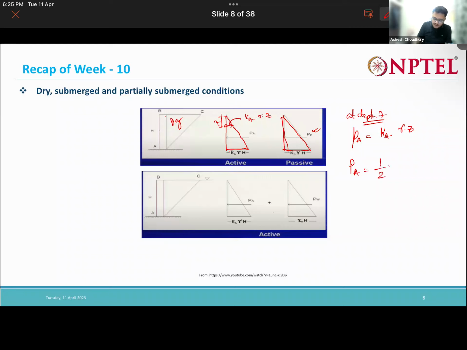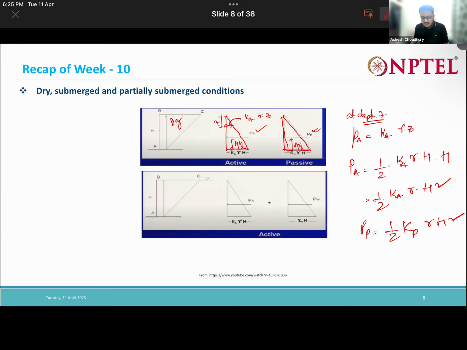So half into Ka into gamma into H, half into base into height, where height is H. So half Ka gamma H square. This will be the total PA, and for PP, Ka will be replaced by Kp. This will be acting at a height of H by 3, which is the location of the centroid of this triangle, H by 3 from the bottom.